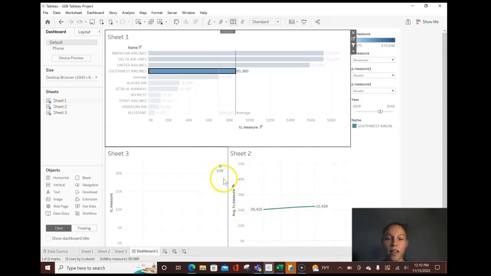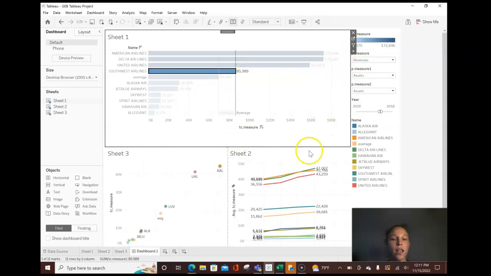So we could see that they were also above average with nearly 86,000. And we could look at their increase over the years in revenue, and also look at their assets and their revenue.